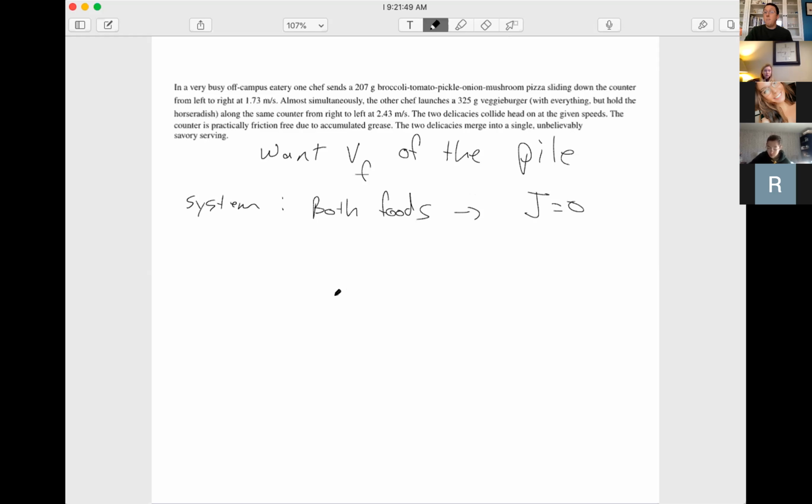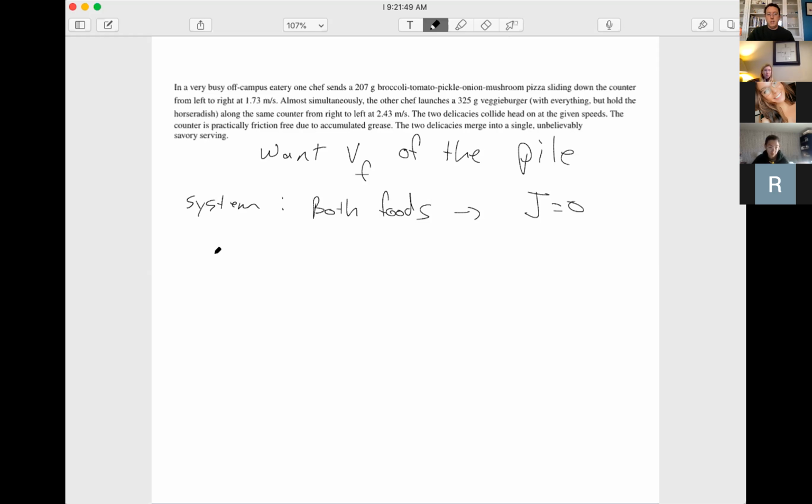If, for example, I made the system be just the pizza, then the hamburger is going to push on it. So if the system was just the pizza, there would be some outside impulse acting on it. And I have no way of coming up with those numbers. And so I would be kind of stuck. So by doing it this way, the things I don't know aren't a problem.